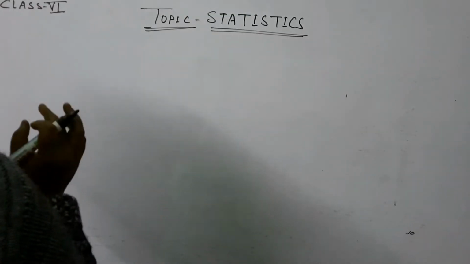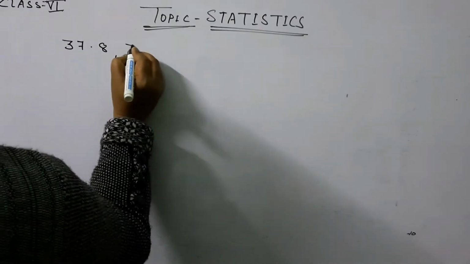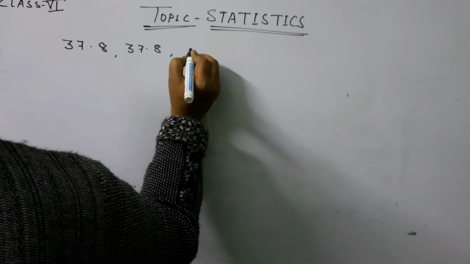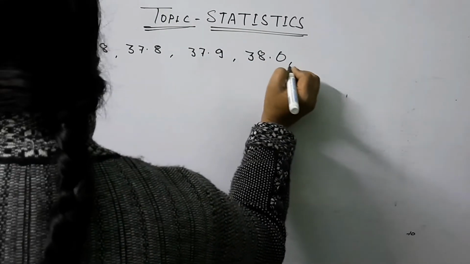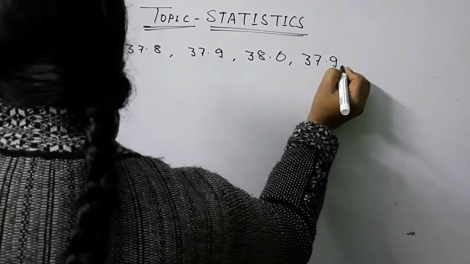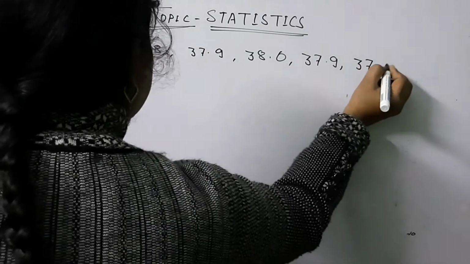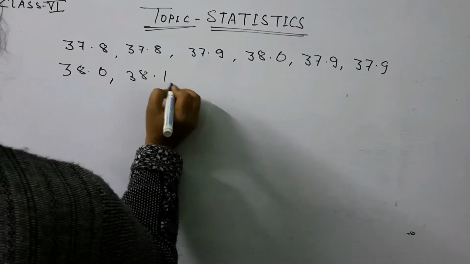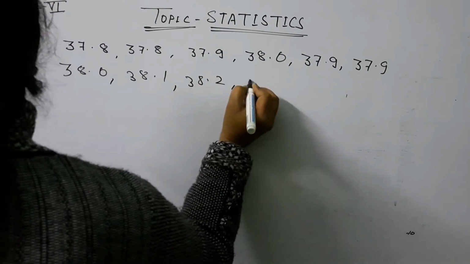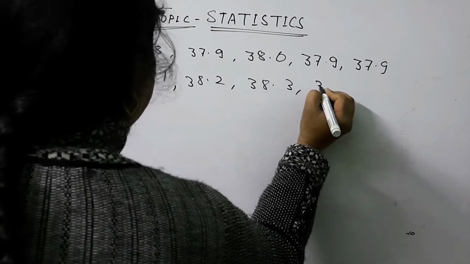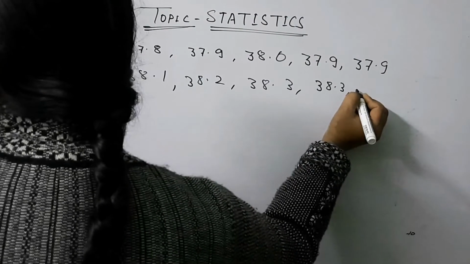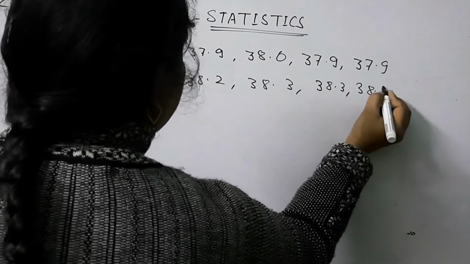So what data is given? First we will write the data. First one is 37.8. Next is 37.9. Next is 38.0. Next is 37.9. Next is 37.9, and afterwards 38.0, 38.1, 38.2, 38.3 and 38.3 again, 38.3 again, and 38.2, 38.2.